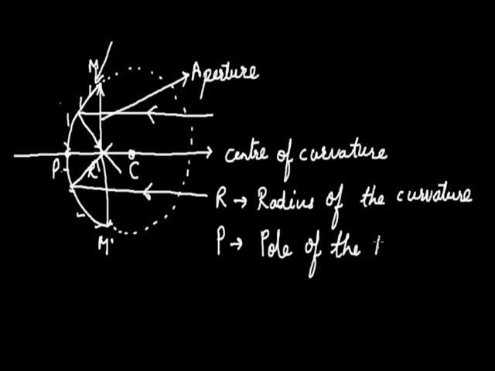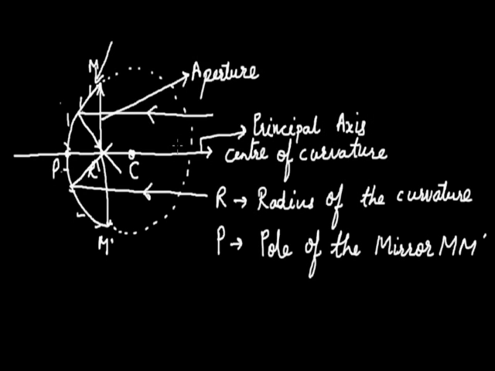Here we have the mirror MM', which is concave in nature. This point P is specific, as it is the centermost point of the concave mirror. The line joining P and C, that is the pole and the center of curvature, is called the principal axis. Now, as we were talking about the focus of the concave mirror, we were studying the nature of the concave mirror.